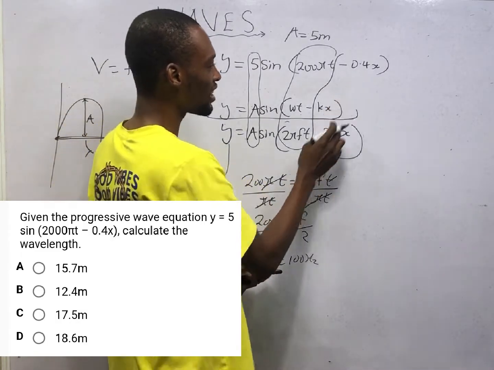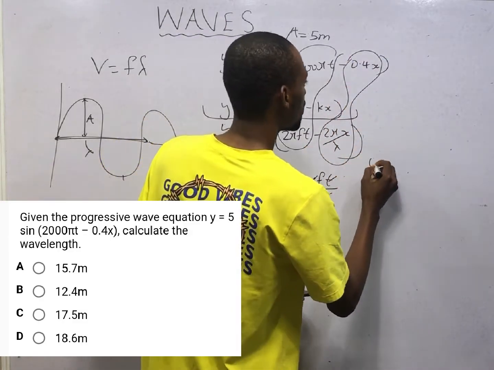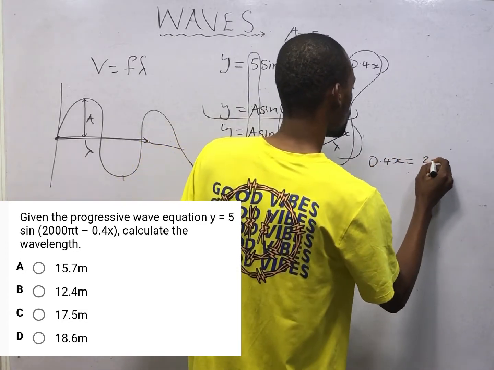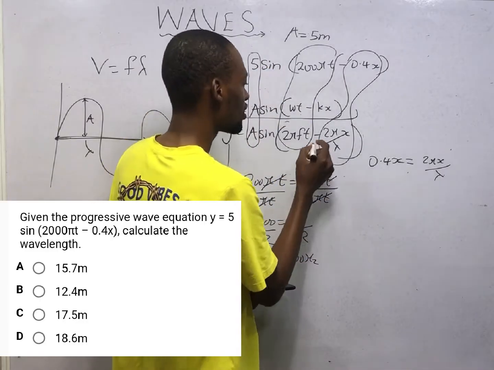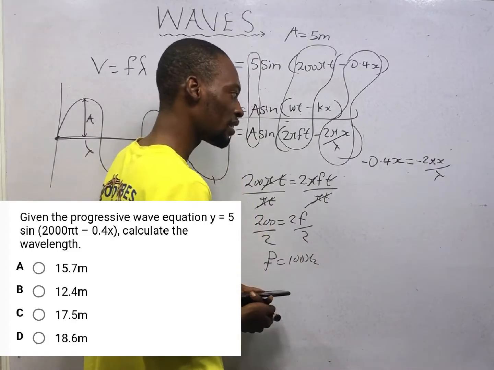If you compare this and this, 0.4s is the same thing as 2 pi s over lambda. Or you can simply say minus 0.4s is the same thing as 2 pi s over lambda.